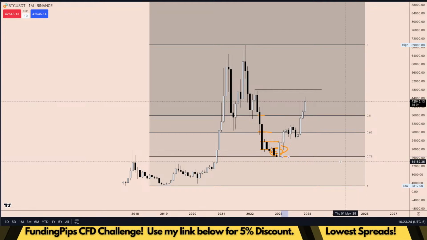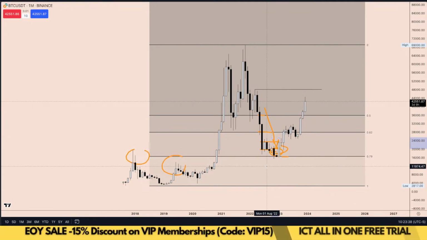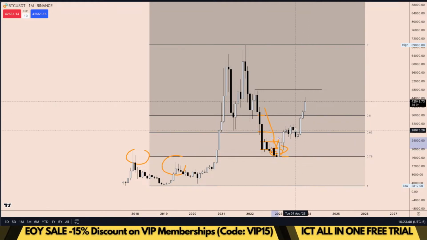That's 0.79 or optimum trade entry, looking at support from old highs. Slowly bringing my average entry price lower while decreasing my risk. That's basically it.